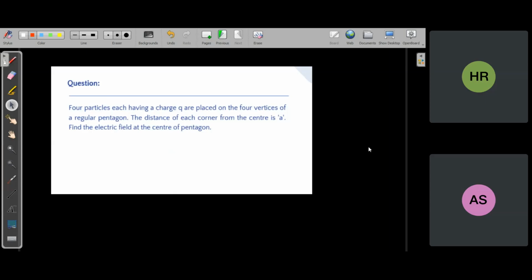What will you do? Sir, by vector addition we can get it. Okay. So you will find the electric field due to all the four, and then you will add vectorially, right? Yes, sir.